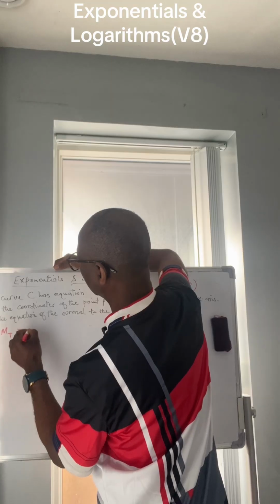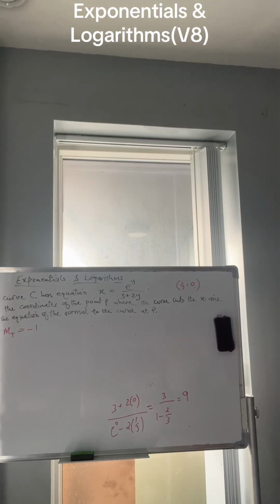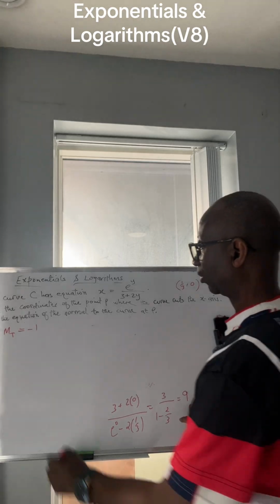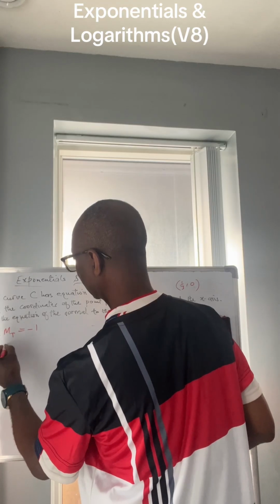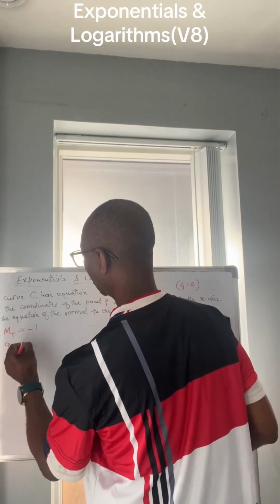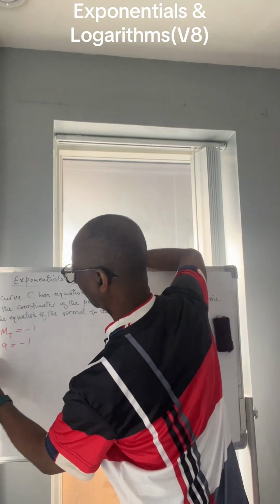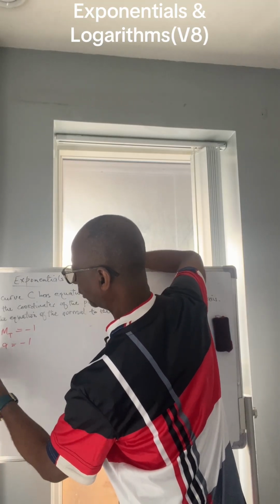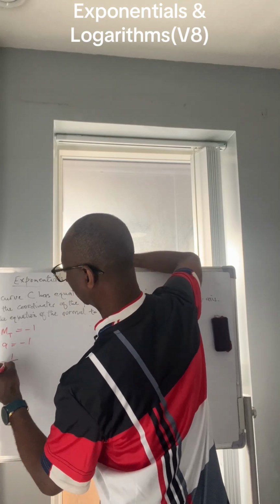Their product is equal to -1. So now we have the gradient of the tangent to the curve is 9. So for the normal, the gradient we represent by m. So the normal is -1 all over 9.